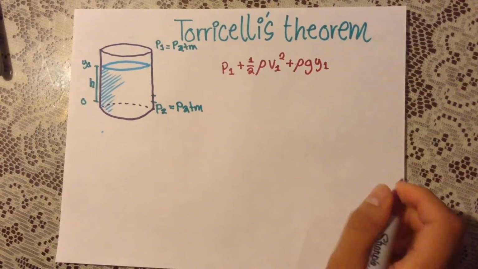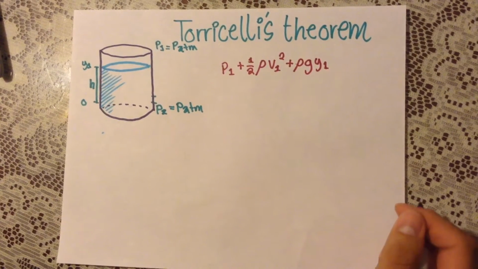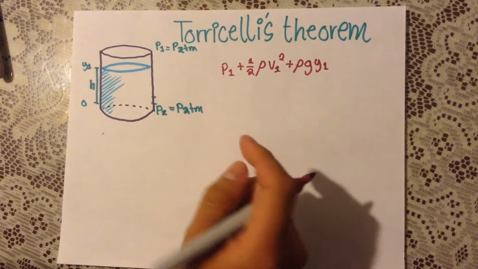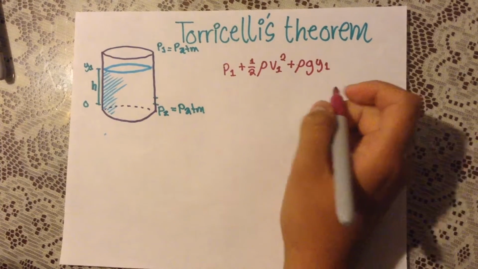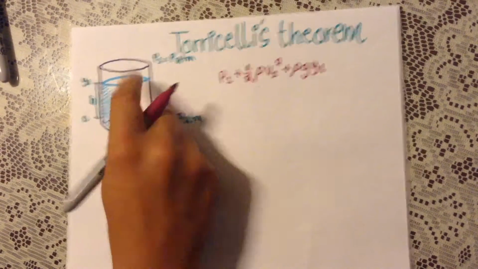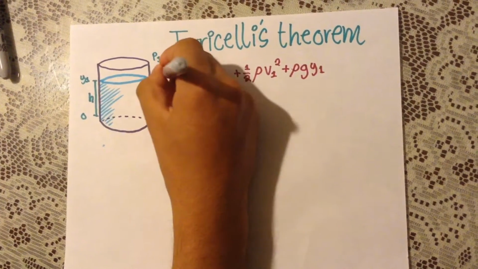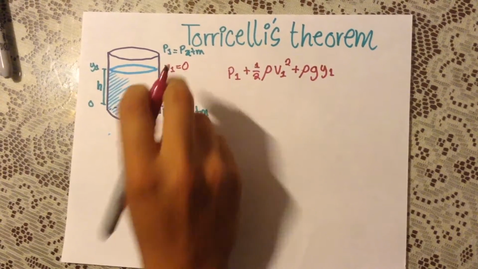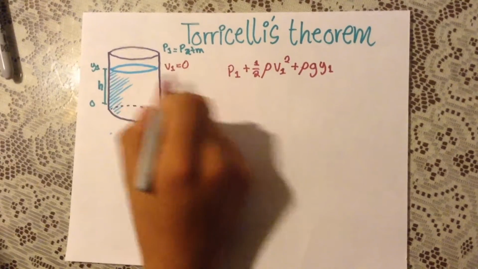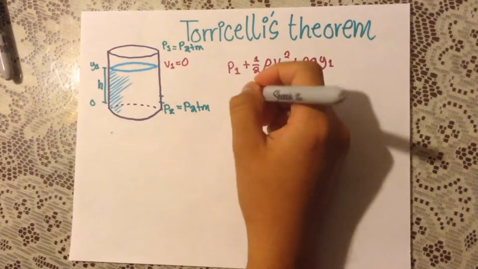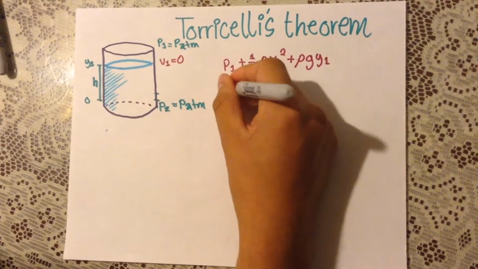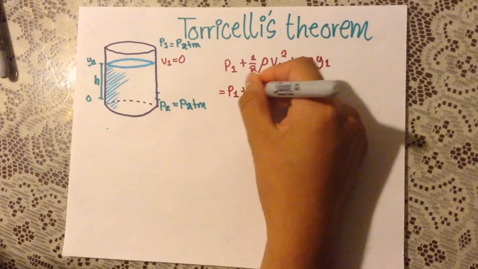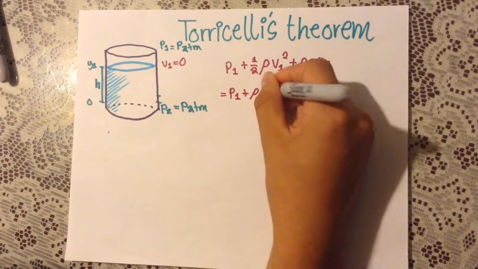This formula can be simpler because v1 is equal to 0, so that term simplifies to 0, because we have only potential energy, and that equals P1 plus density times gravity times g1.